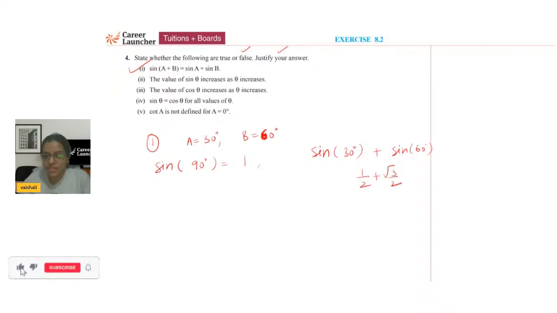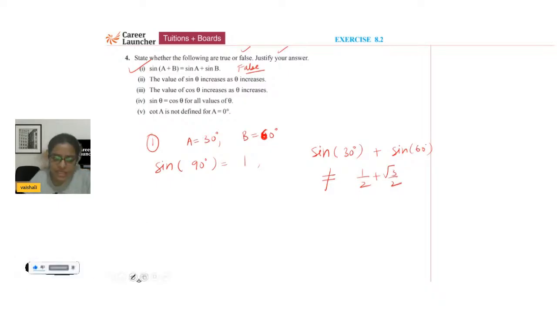So it means these two values are not equal. So we have actually justified that this is a false statement.